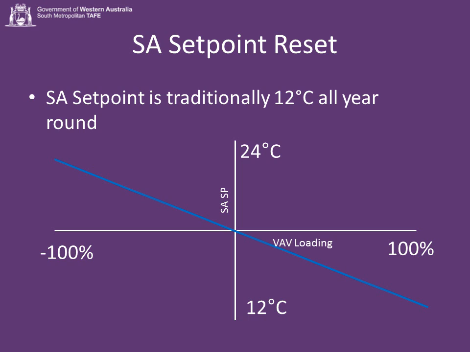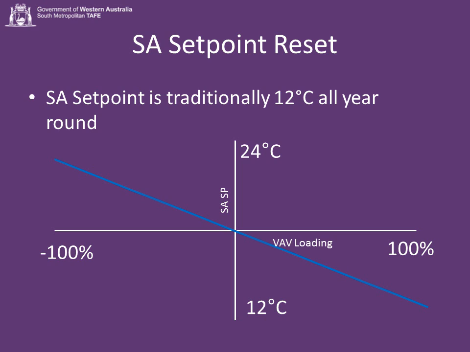If it's the winter time and the VAVs all have their electric duct heaters on, they're all madly trying to heat, well, it just makes no sense to send them cold air. We should be sending them warm air. If anything, we should be trying to heat centrally, or at the very least, not cooling.